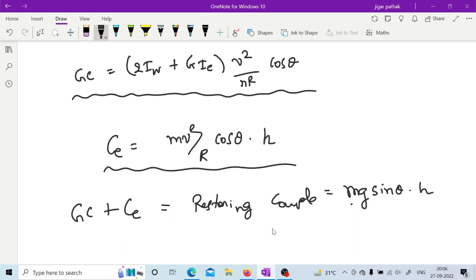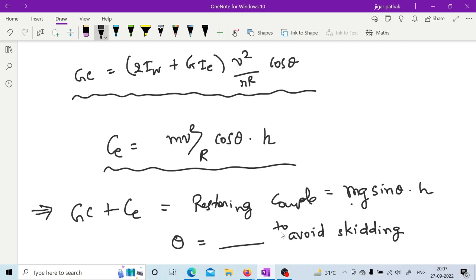Once you apply the equation GC plus CE equals mg sine theta into h, it will give you the value of theta, and with this theta you can avoid skidding of the vehicle.